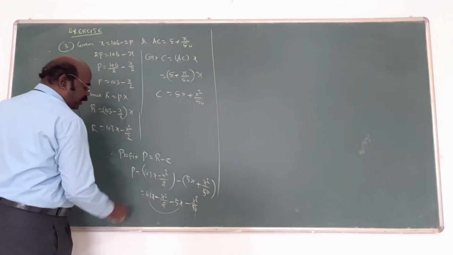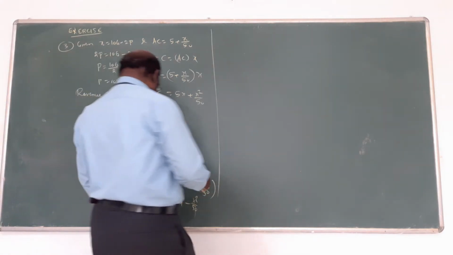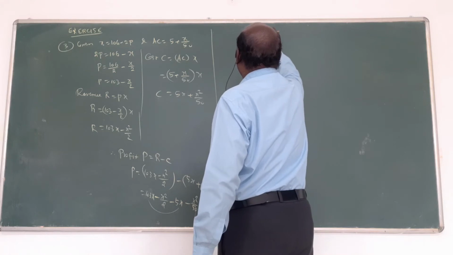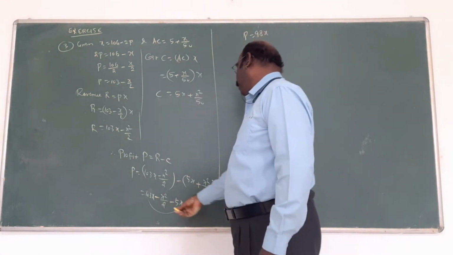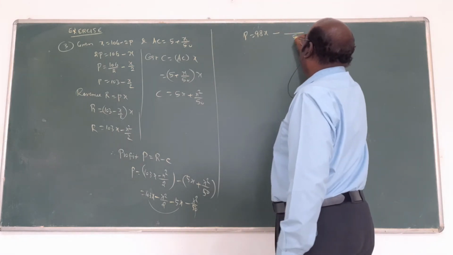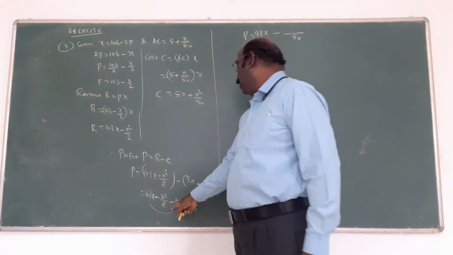Out of these two, what is the answer? 48x. Out of these two terms, LCM is what? 50. That only 2 is there.